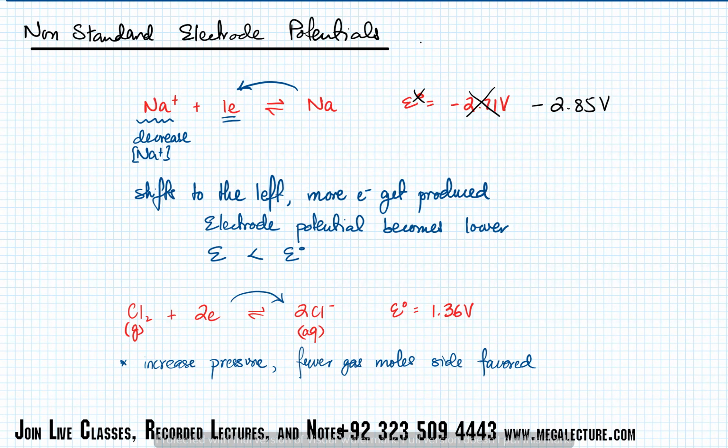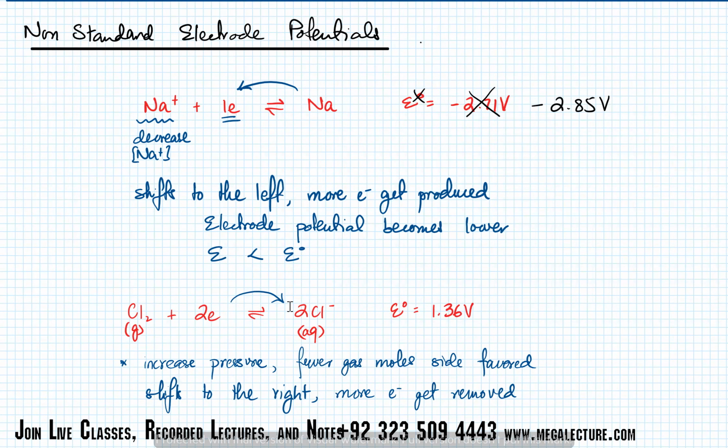The rule here, if the equilibrium shifts to the right, then more electrons are removed. So they get removed from the electrode because the chlorine gaseous molecules, they start gaining electrons.